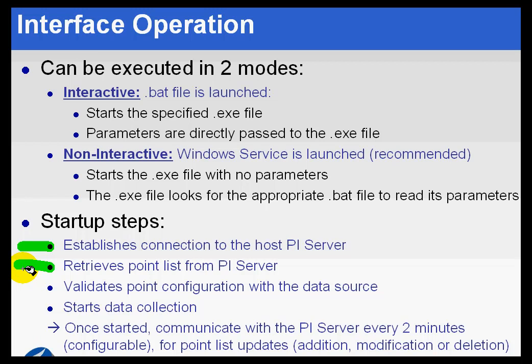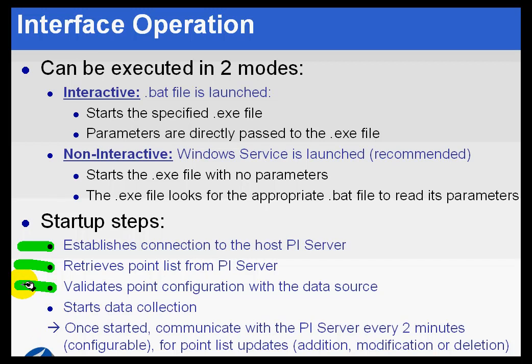Now, this is a very special point list. It's only going to retrieve those Pi tags whose point source is associated with that interface, and I'll explain how we make that association later. So it's going to receive a subset of the points. It will then validate the point configuration that it receives from the Pi server with the data source.